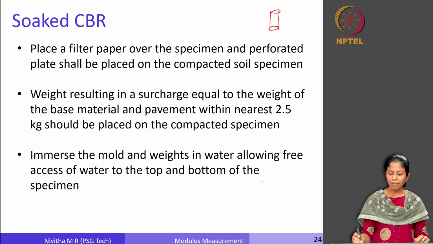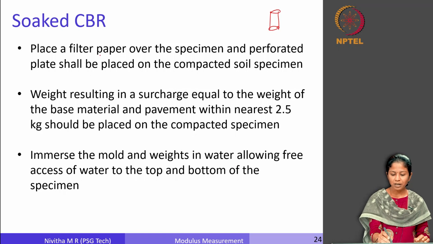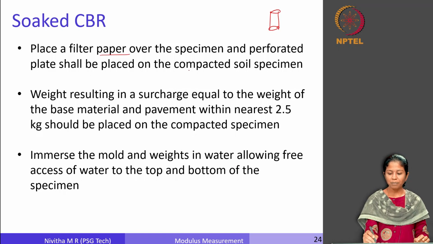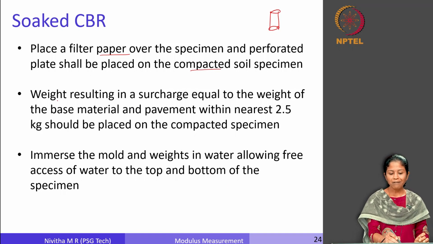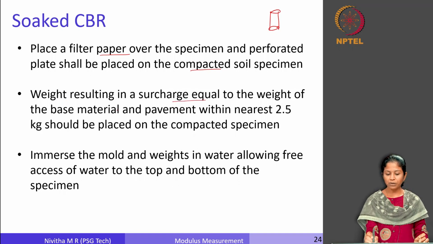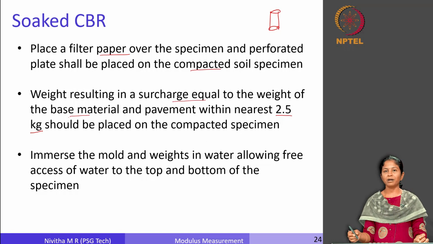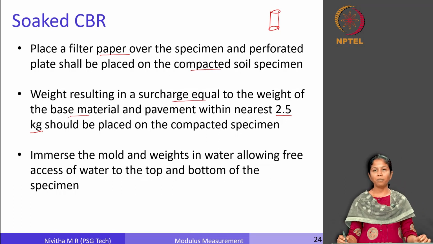Now, on this compacted specimen, you place a filter paper over the specimen and you place a perforated plate on the compacted soil specimen, right. Now, we have to place a weight which is like a surcharge equal to the weight of base material in the pavement within the nearest 2.5 kg, because these annular and slotted weights are mostly in increments of 2.5 kg.